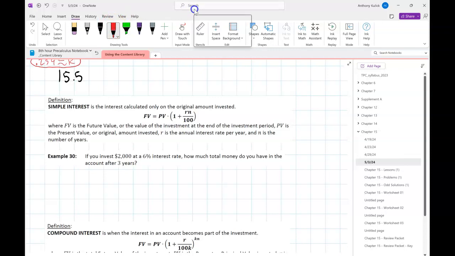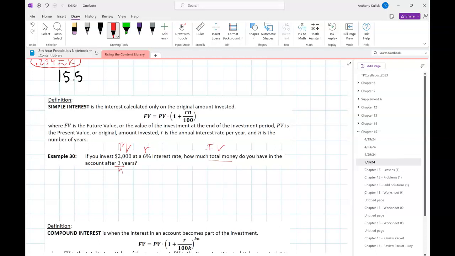So the example says if you invest $2,000 at a 6% interest rate, how much money do you have in the account after 3 years? Well, $2,000 is your present value. 6% is your R. How much total money do you have is your future value.